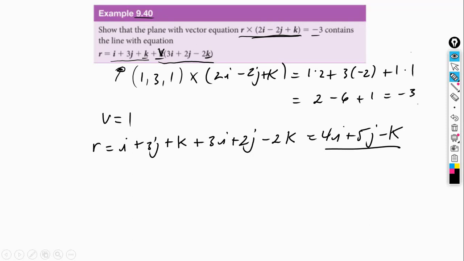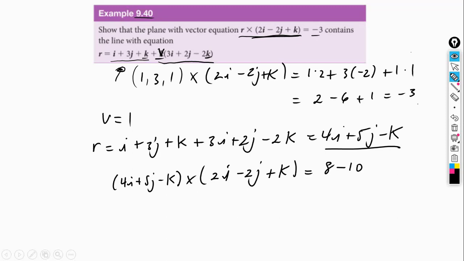So we'll see if that is the case. So we go 4i plus 5j minus k dot product 2i minus 2j plus k is going to equal 8 minus 10 plus 1, and this also equals negative 3.